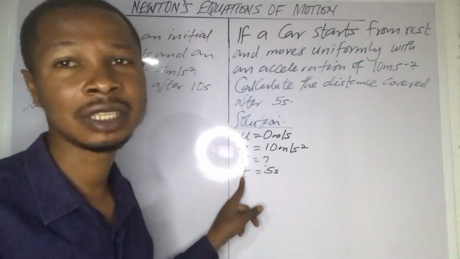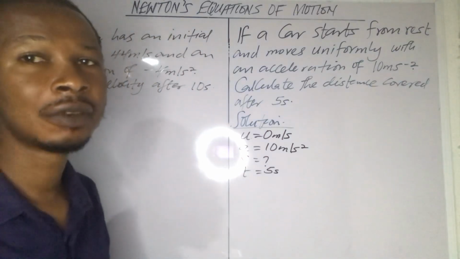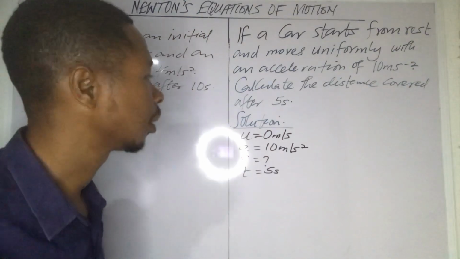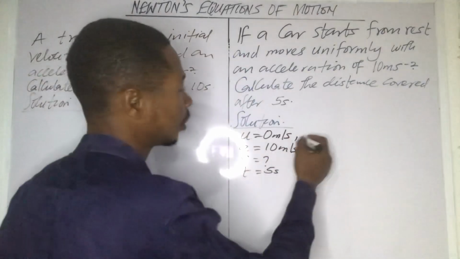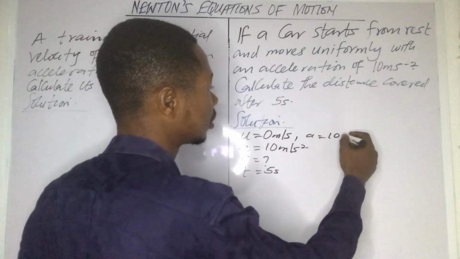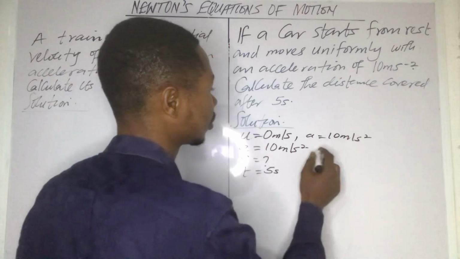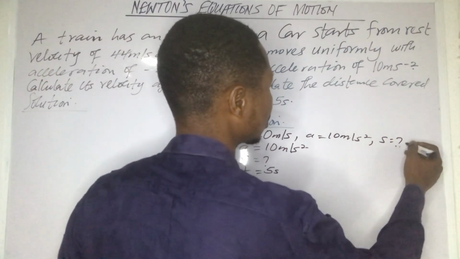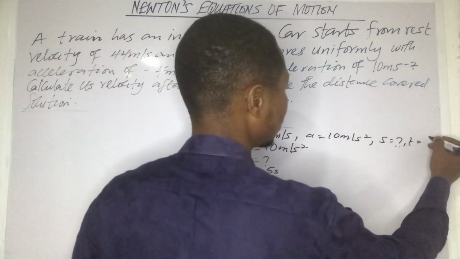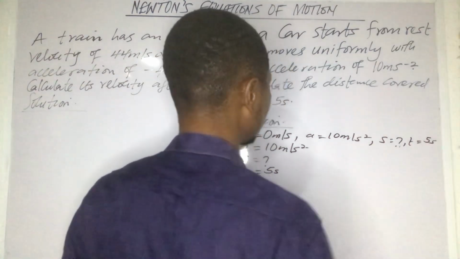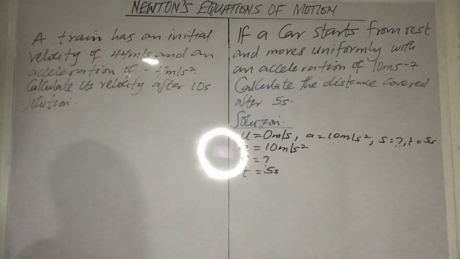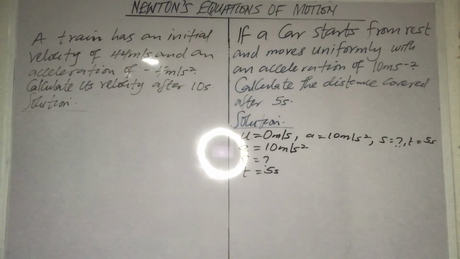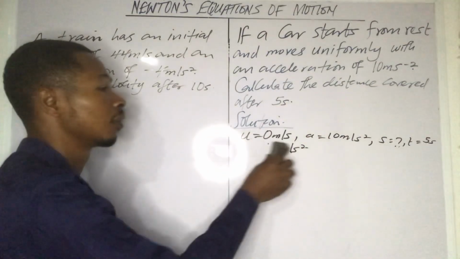Then you have t, time is 5 seconds. Now, you have a is 10 meter per square second. X is the question. Then t is 5 seconds. Which of the equations of motion contains everything that I'm given here and what I'm looking for?